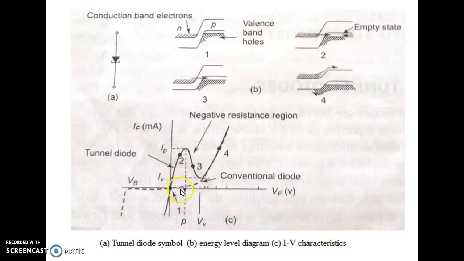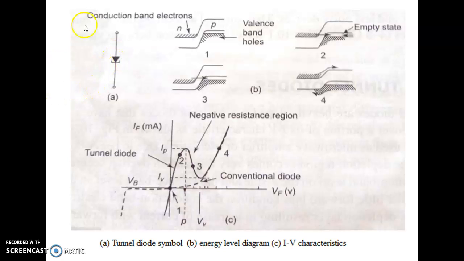As the forward bias voltage increases, the Fermi level at the n side moves a little up compared to the p side, and the Fermi level at the p side will be slightly lower.